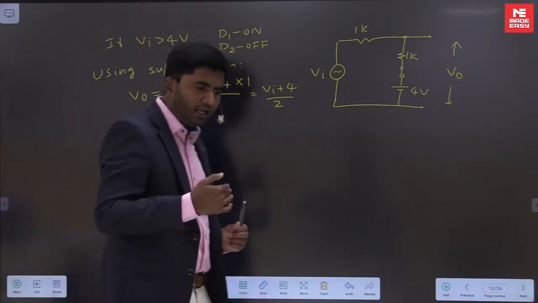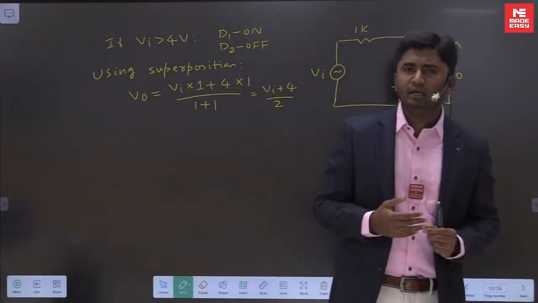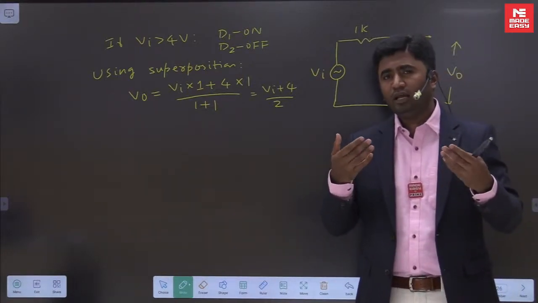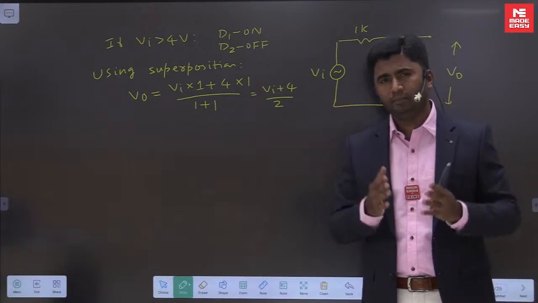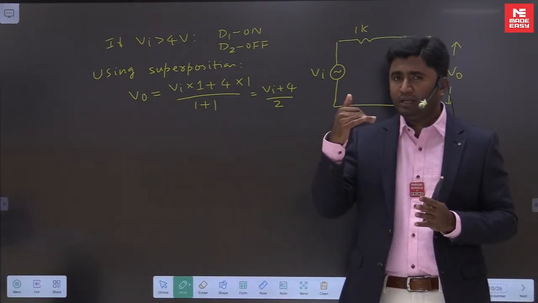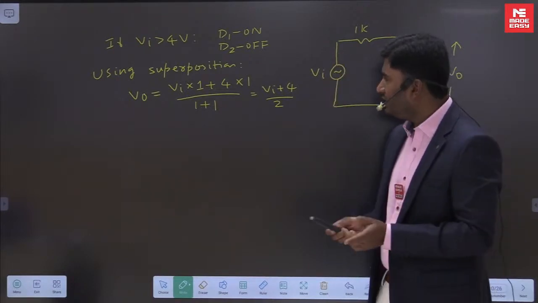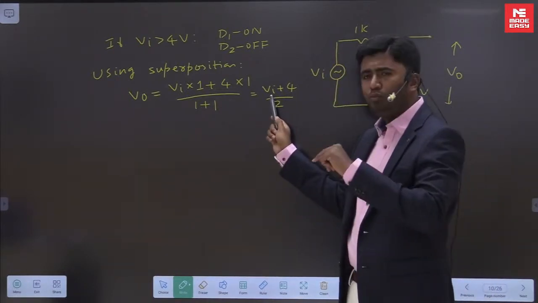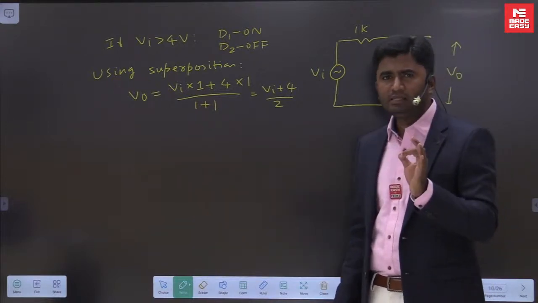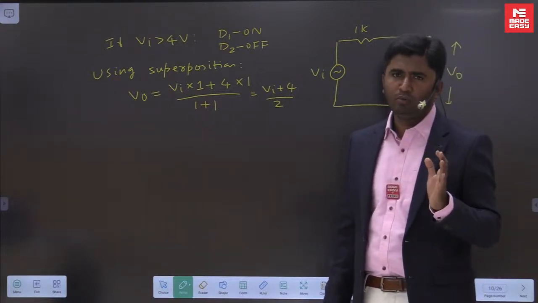Now this is the output when input is greater than 4 volt. When I say input greater than 4, it means input can become 5 volt, 6 volt, 7 volt, 8 volt, 9 volt up to 10. Input is given as 10 sin omega t, so input can increase up to 10. When that input becomes 10, output will become maximum. We have to find the maximum output and minimum output.